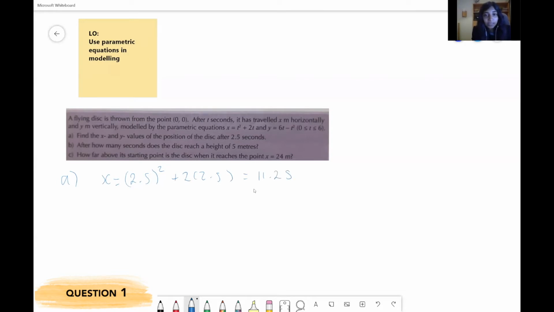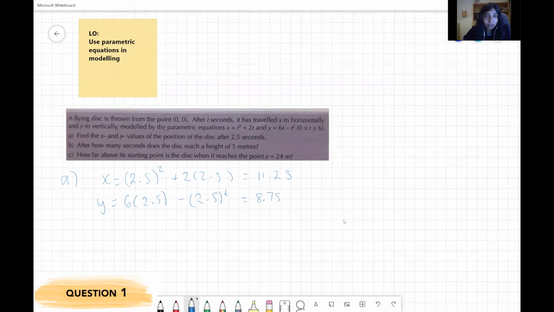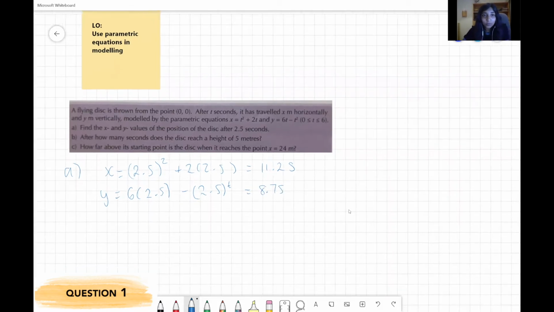And then if we plug in 2.5 to y, we have y is equal to 6 times 2.5 minus 2.5 squared, and that would be equal to 8.75. So these are the x and y values of the disk after 2.5 seconds.